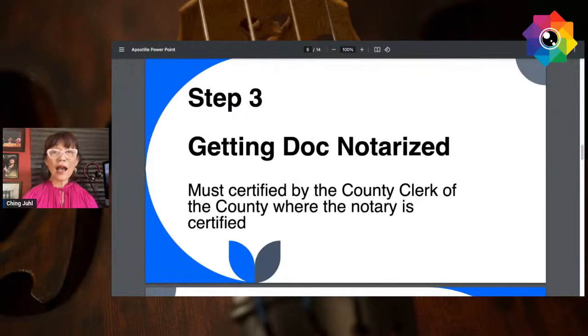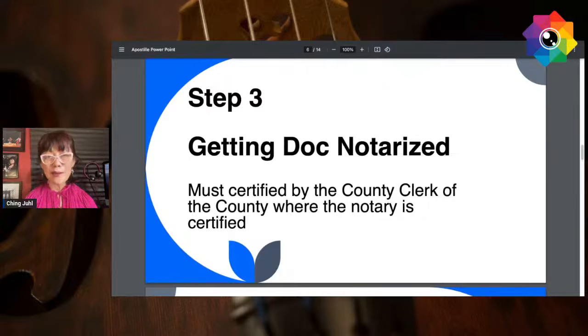Now, people say I can get my document notarized in a laundromat. That did not work for me because I went to a laundromat, and their stamp was not recognized by the New York County clerk. So avoid going to a laundromat or any small entities. Not even the banks.